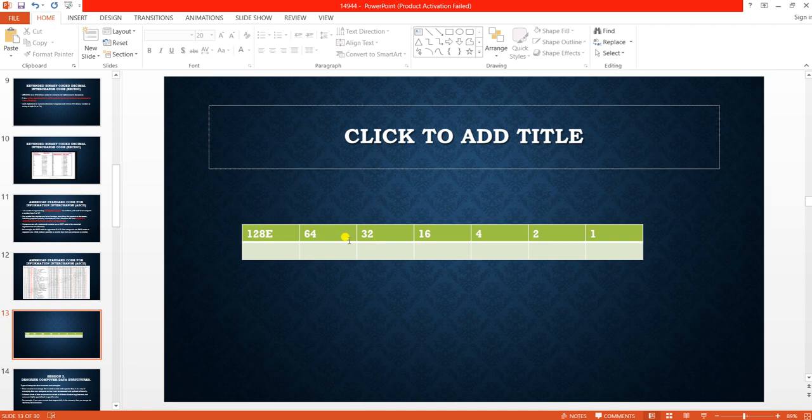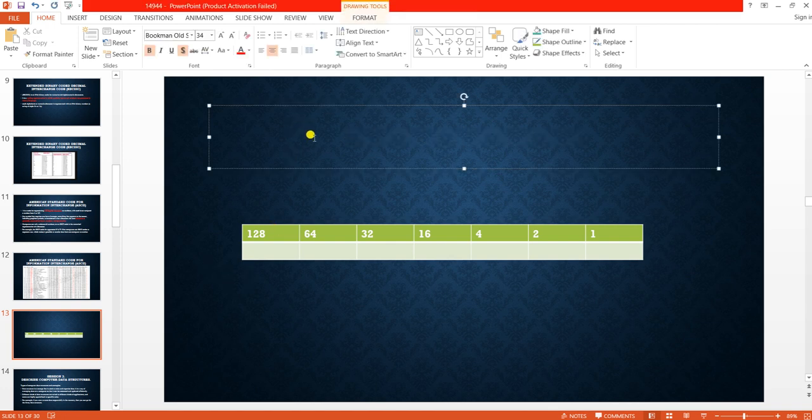Let's say we want to convert 65, uppercase A, into binary numbers.